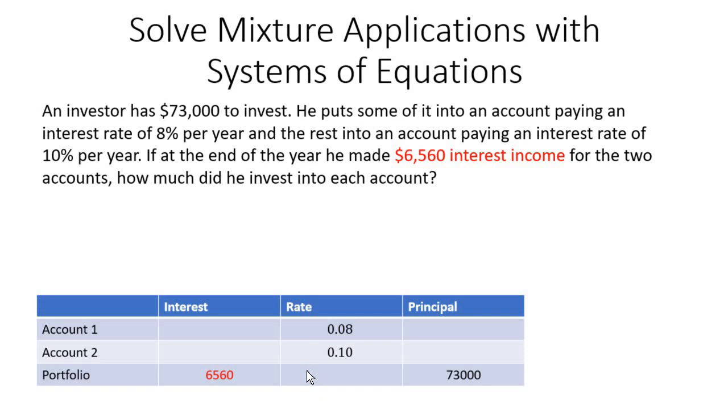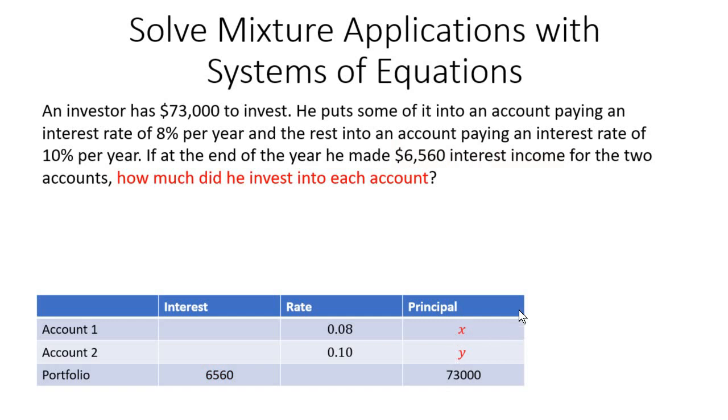All right, so now what we want to do is figure out how much was invested in each account. So we don't know the principal for account 1, that's an unknown, and we don't know the principal for account 2, that's another unknown. I'll label those X and Y, those are my unknowns.